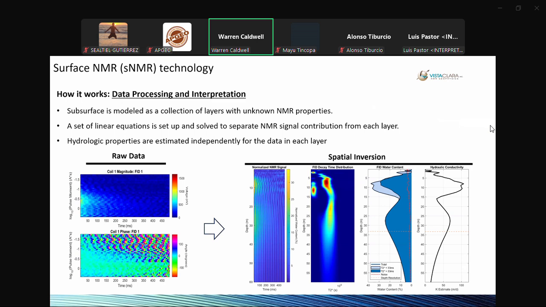So I won't go into too much detail on the processing of surface NMR data. It's a bit different than the processing of logging data.